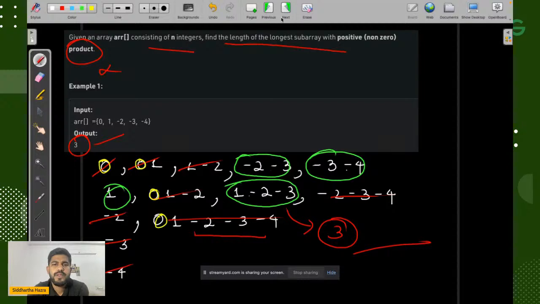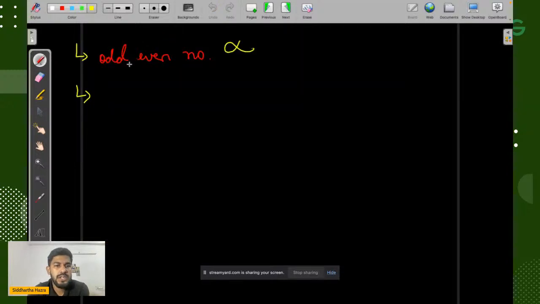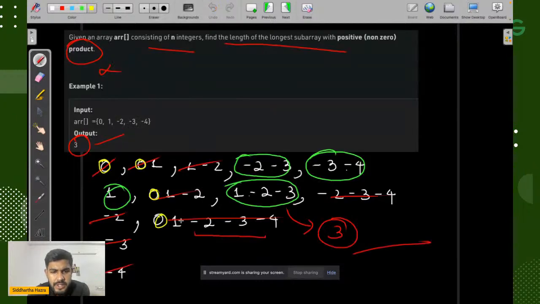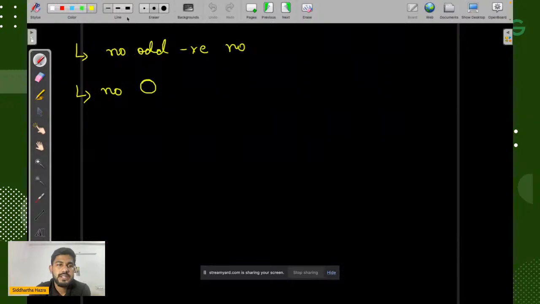That is why the condition is no zero should be present, and no odd number of negative numbers. As you can see, an odd number of negative numbers can't be present, because negative multiplied by negative and a negative would make it again negative.